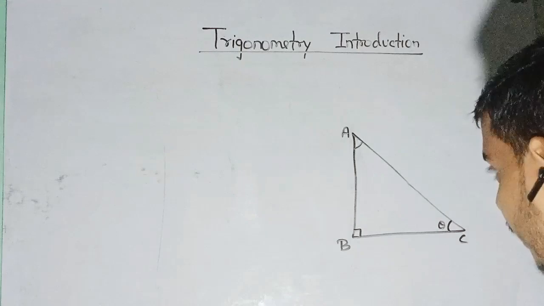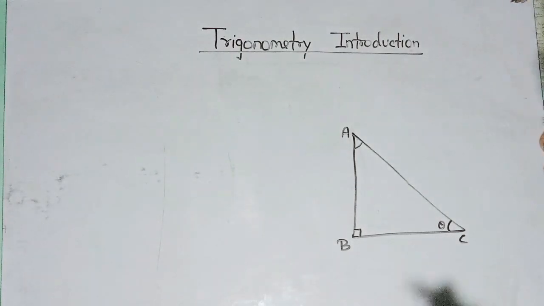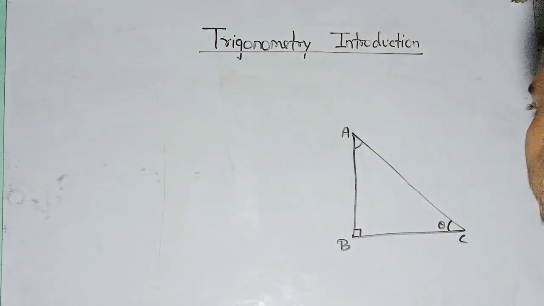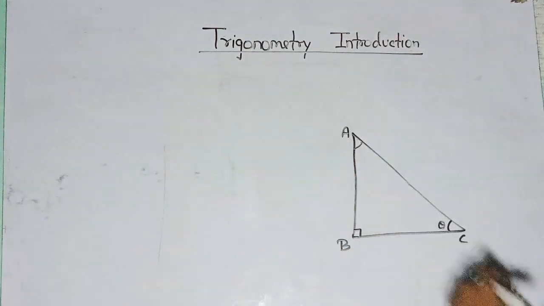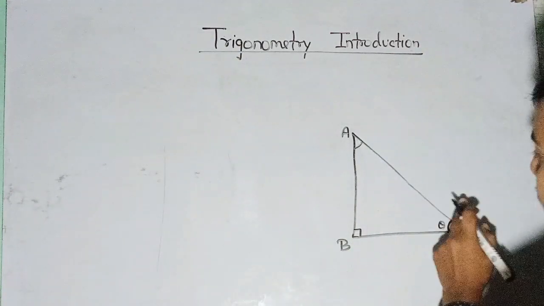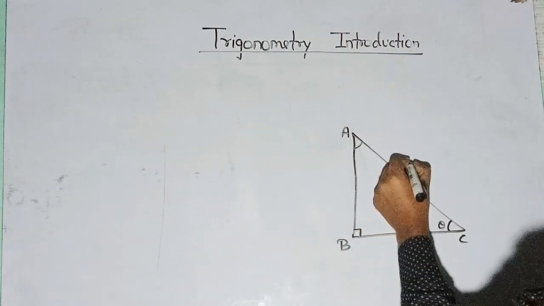Now if we have a right angle triangle, then I want to give them name. What will be the name of these three sides? Okay, so the side which is opposite to perpendicular and which is longest side is known as hypotenuse.